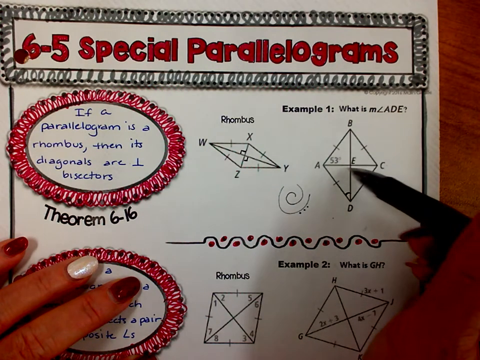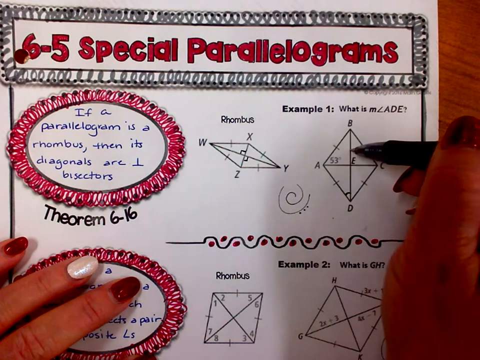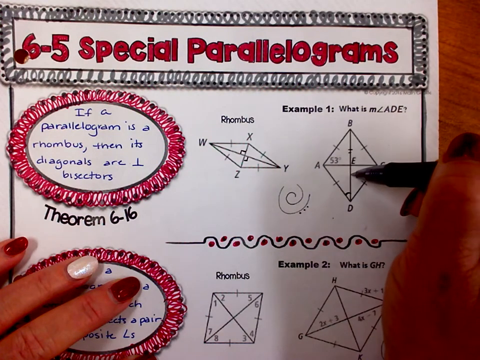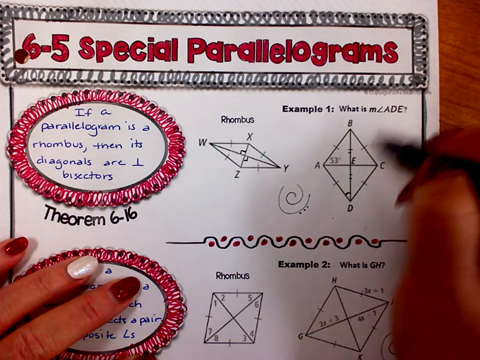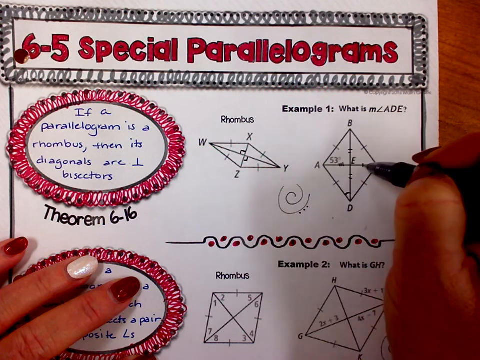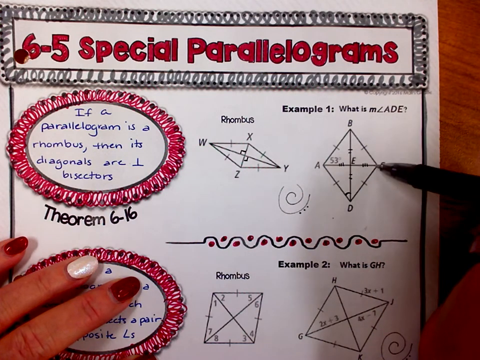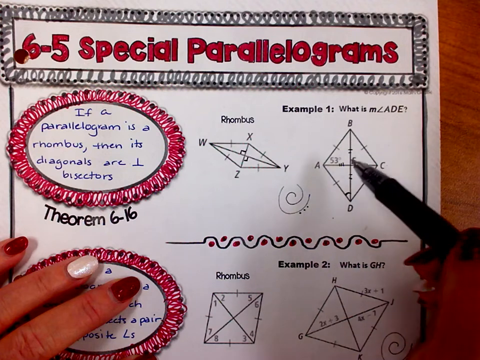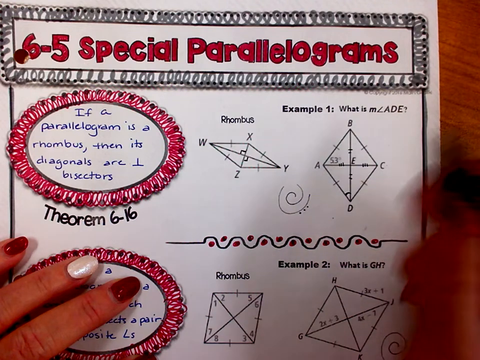We know that these are bisected, so that means that this side and this side are the same. And we know that these are bisected. So that means that all of our triangles by side, side, side are congruent. So if this angle is 53, so is this one.